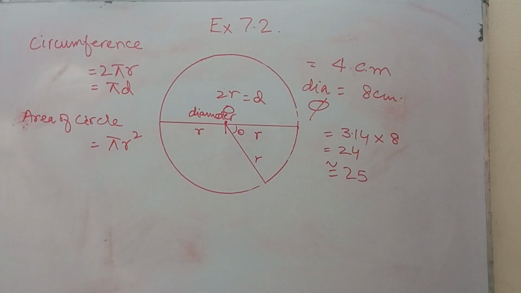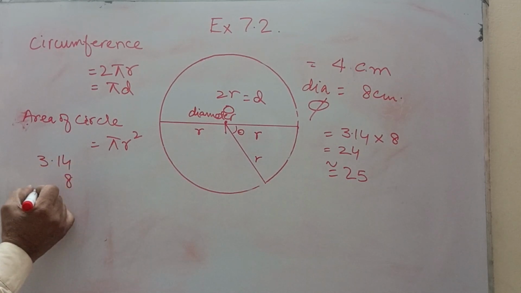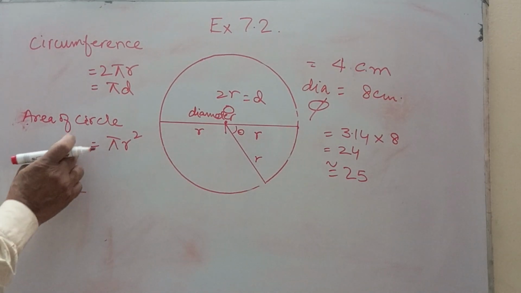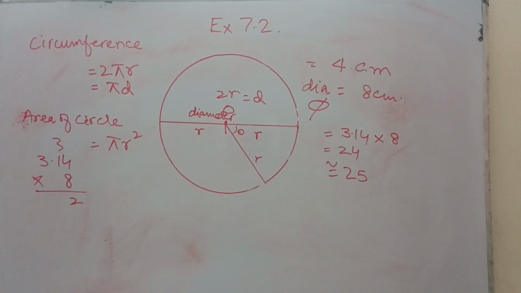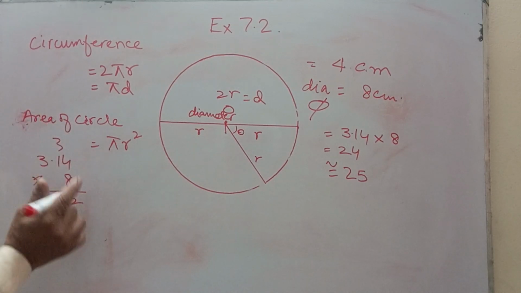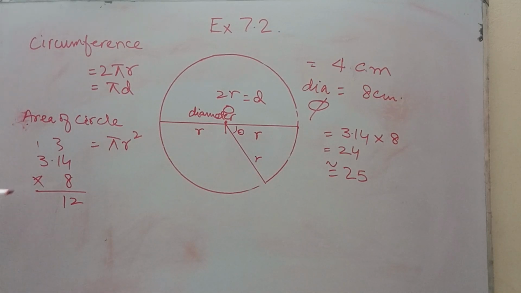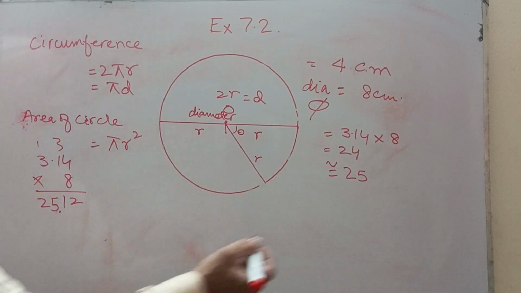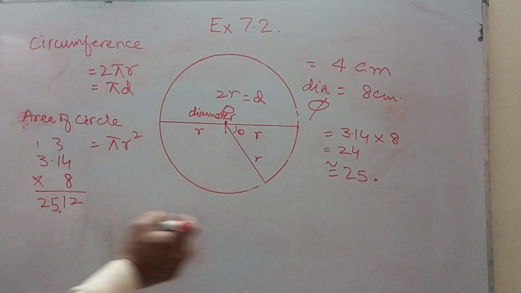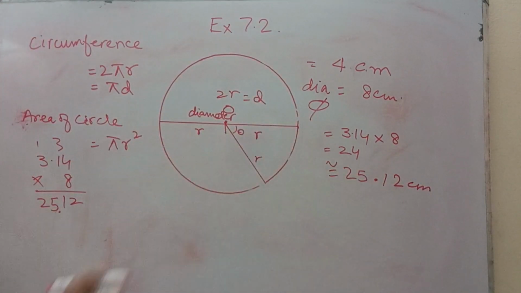Now 3.14 multiplied by 8: 8 times 4 is 32, 8 times 1 is 8, 9, 10, 11, 8 times 3 is 24 and 1 is 25. Now this is the actual story: 25.12 centimeter is its perimeter.